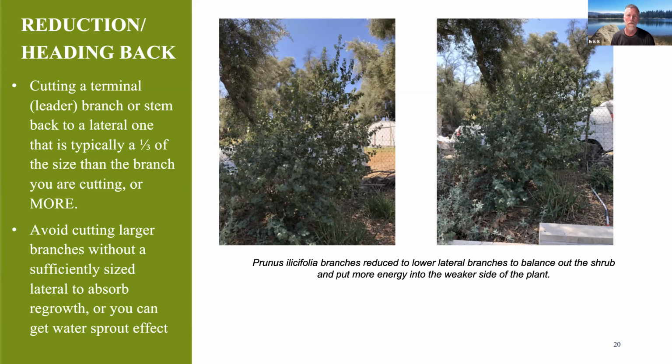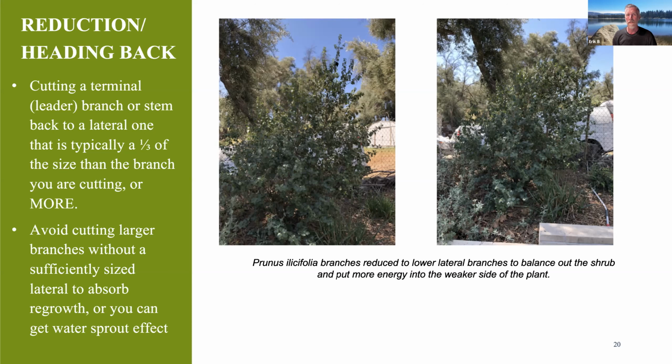What they didn't do was just cut it right here where they saw the edge of the shrub, or the outline of the shrub. They didn't just cut it with nothing to absorb the growth. It gives you these kind of stumps, and then there's nothing.